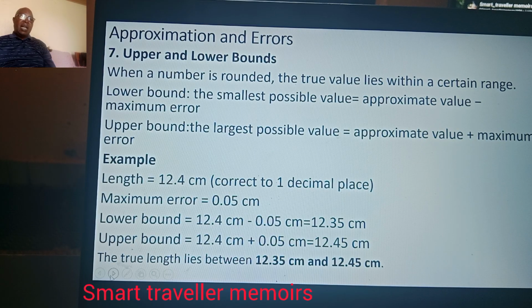Example, length is given as 12.4 centimeters correct to one decimal place. Therefore, the maximum error is 0.05 centimeters. Lower bound is 12.35 centimeters.